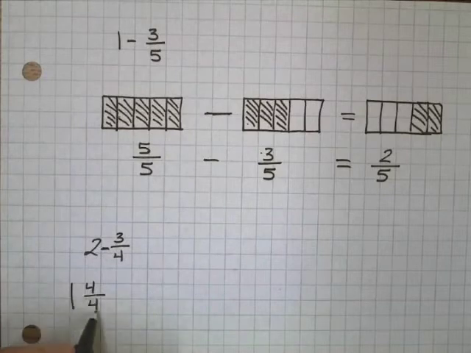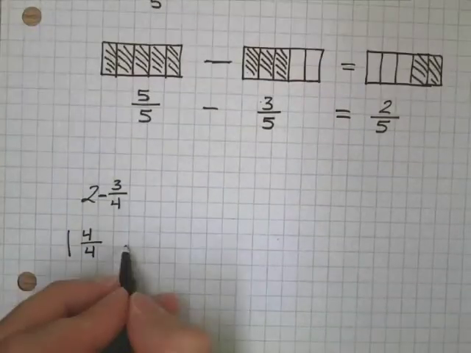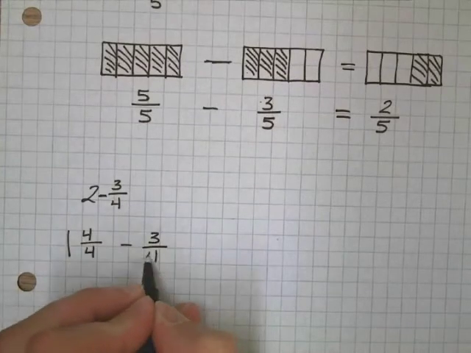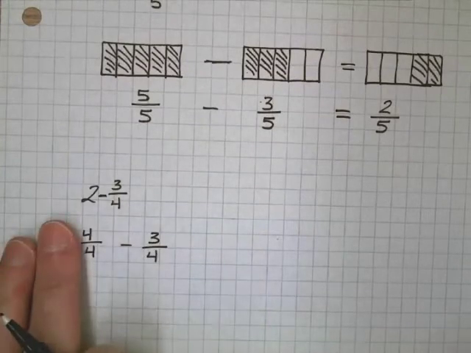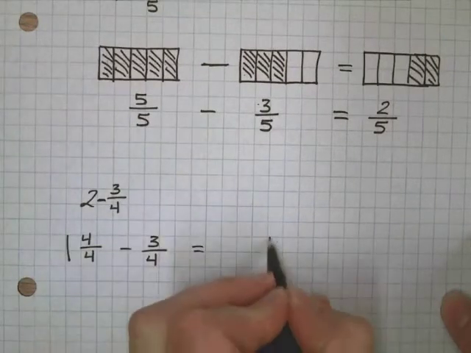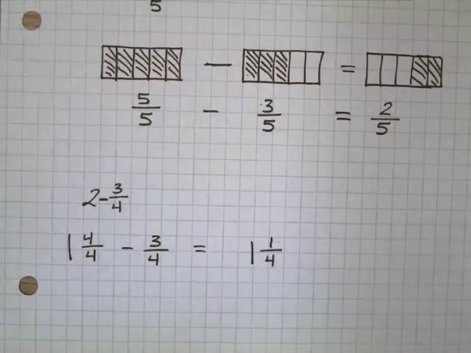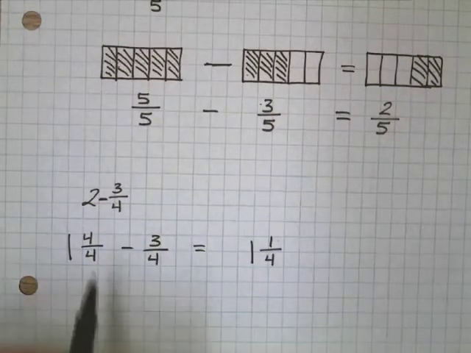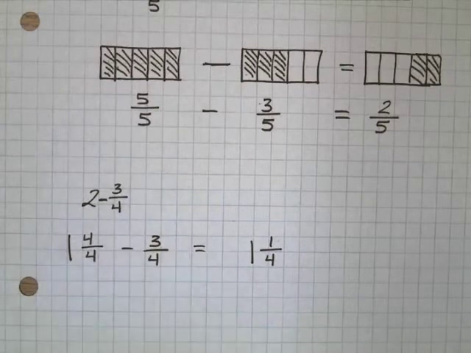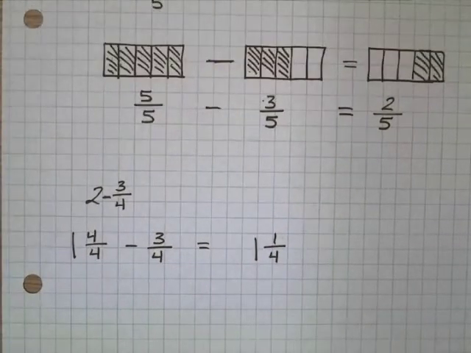So 1 is 4/4, the same as 1, and I'm still subtracting out 3/4. I'm going to ignore that whole number for a moment. 4/4 minus 3/4 is 1/4. My whole is still the same, so I end up with 1 and 1/4. So I can always take those whole numbers and convert them into a like fraction.